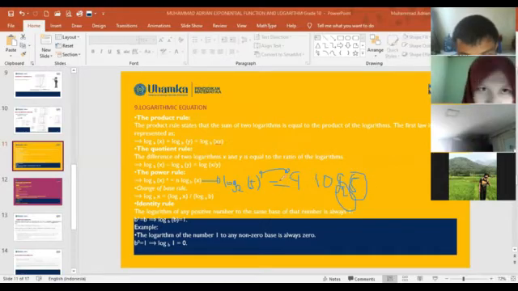So you can look at our rule in this example.